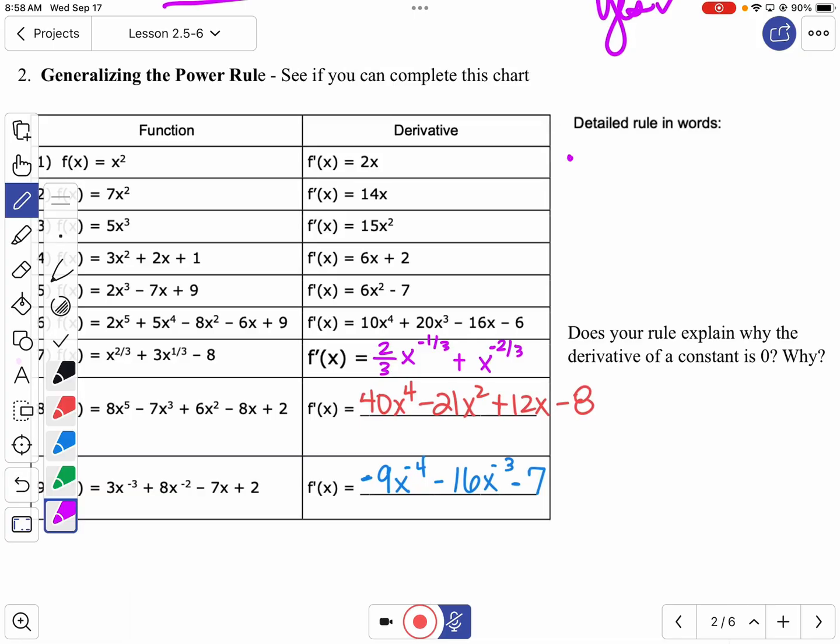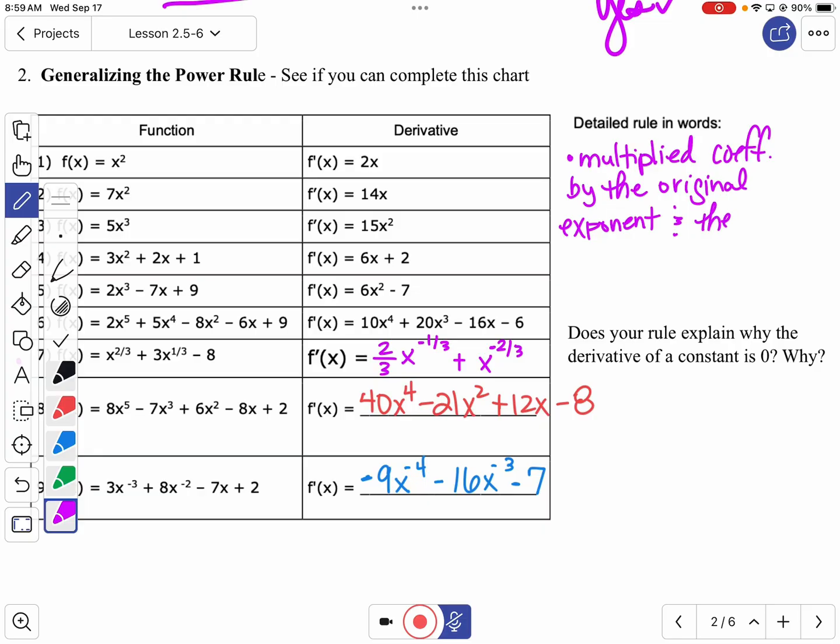We multiplied the coefficient by the original exponent, and then subtracted 1 from the original exponent.